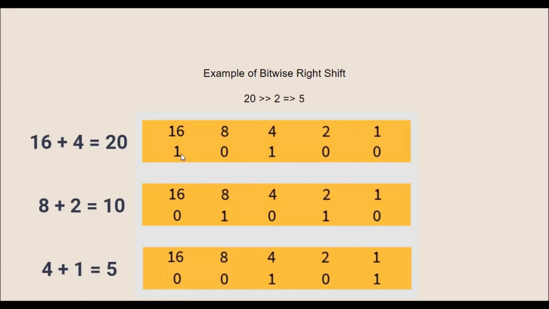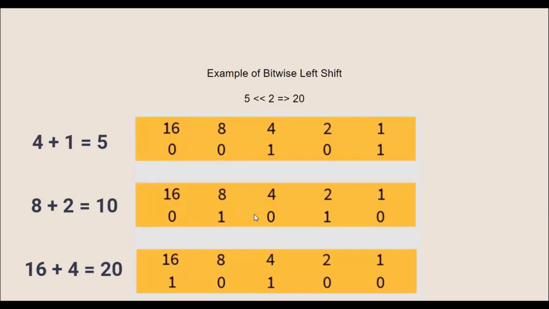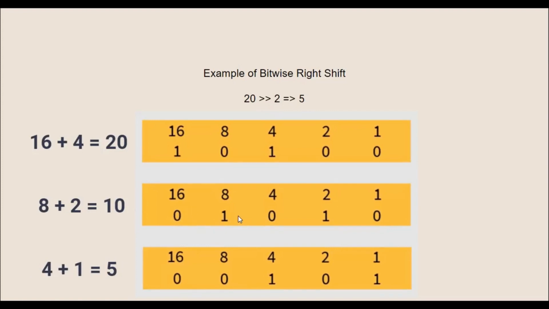So here you can look, when you shift 20 by 2 bits towards the right side, this is how things go. Here it shifted by 1 bit. So the blanks which are created on the left side are filled with 0. So the bits are shifted from 16 to 8 and 4 to 2.